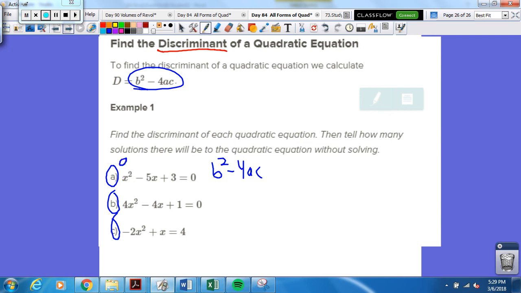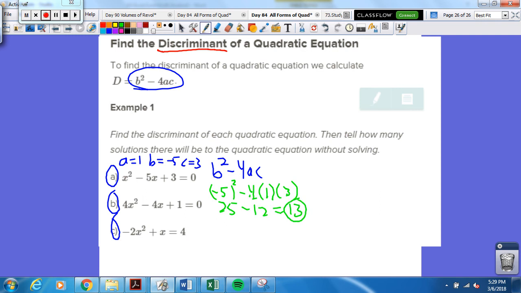So I know that a is 1, b is negative 5, and c is 3 from A. Okay. Let's plug it into our discriminant. So that's going to be b squared, so negative 5 squared minus 4 times a, which is 1, times c, which is 3. So that's going to be 25 minus 4 times 1 is negative 4 times 3 is minus 12. 25 minus 12 is 13.